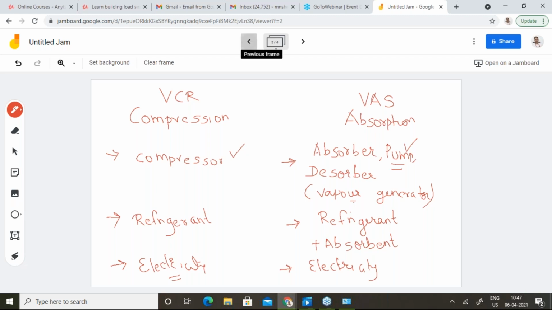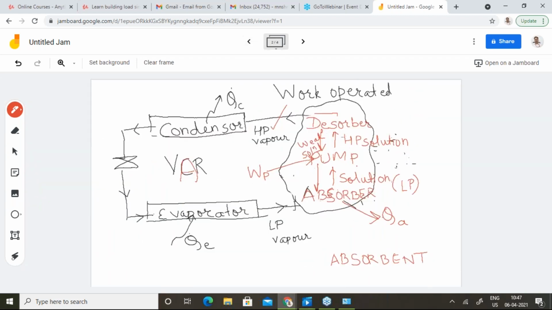Now, if you look at the diagram, I didn't explain that, but in the absorber the heat has to be rejected, and in order to release this high pressure vapor from a solution, the high pressure solution enters the desorber, and we need to supply certain heat, which is QG.